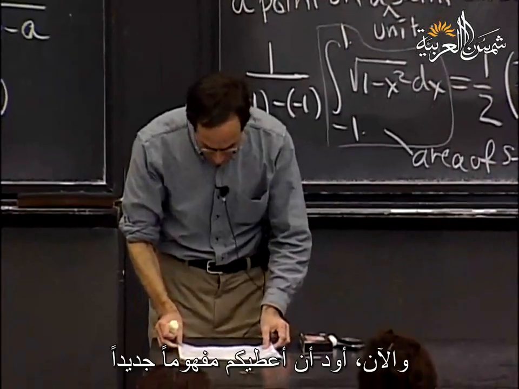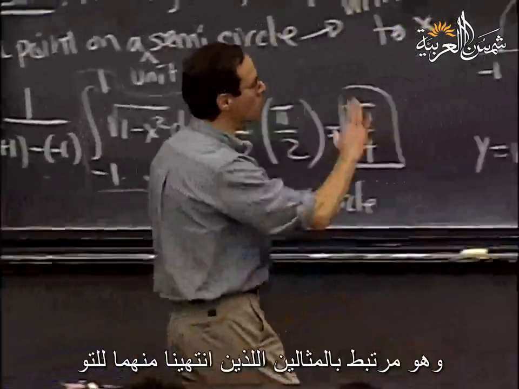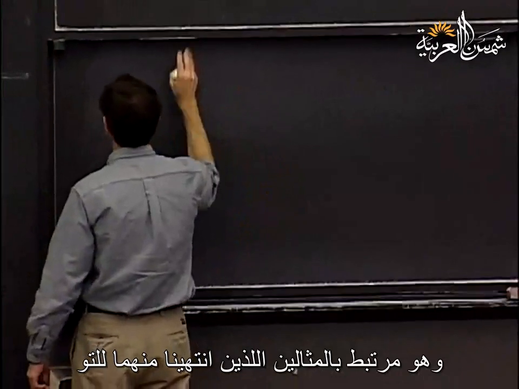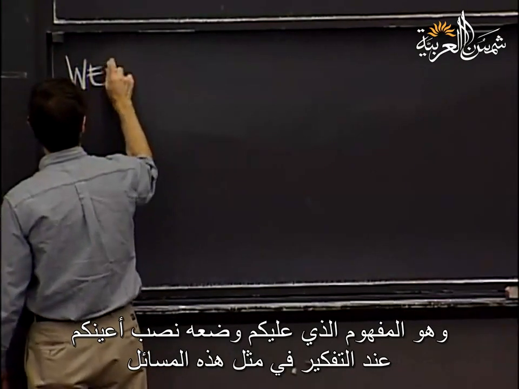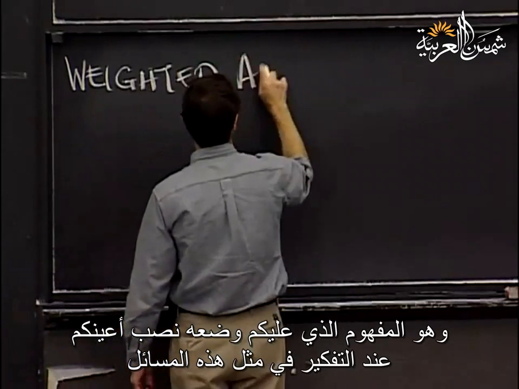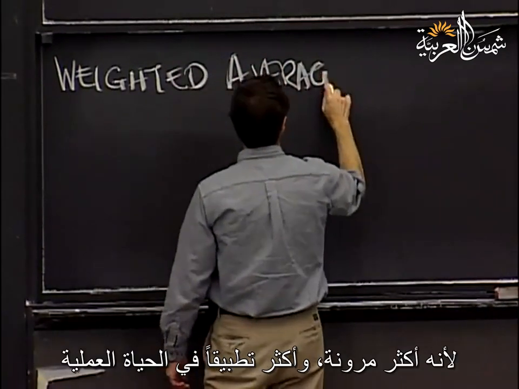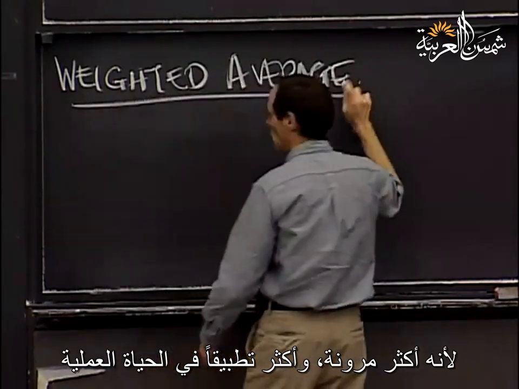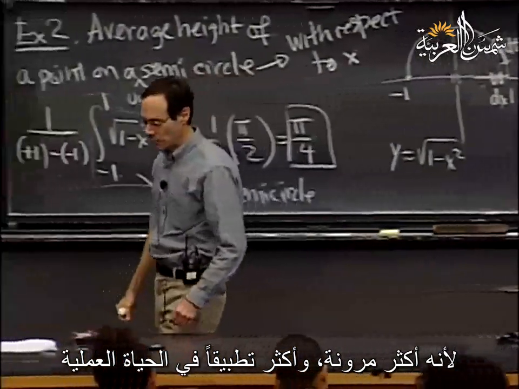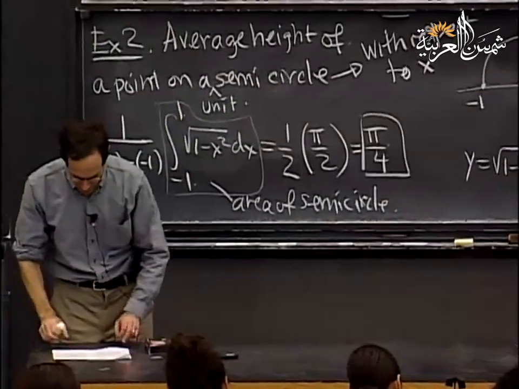All right, now I want to introduce another notion, which is actually what's underlying these two examples that I just wrote down, and this is by far the one which you should emphasize the most in your thoughts, because it is much more flexible and is much more typical of real-life problems.